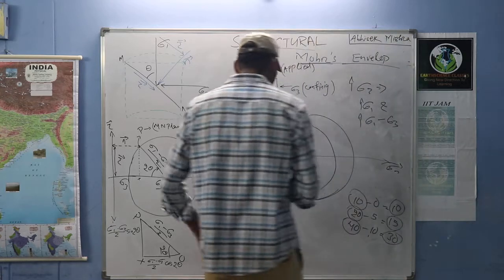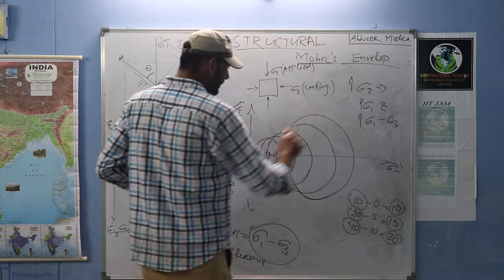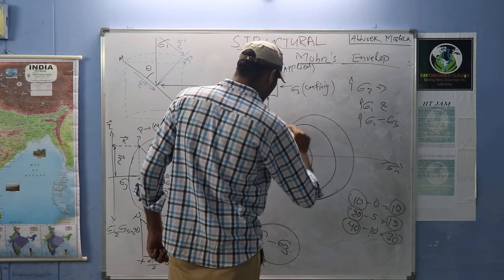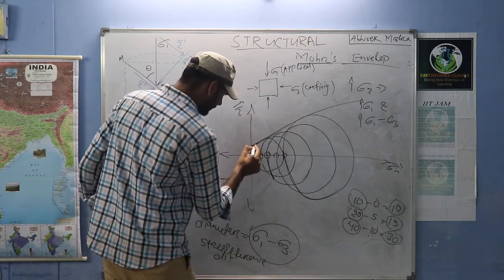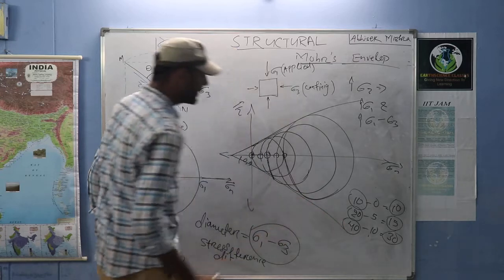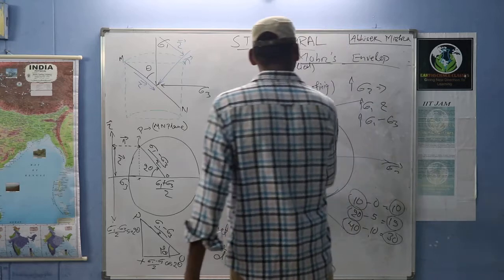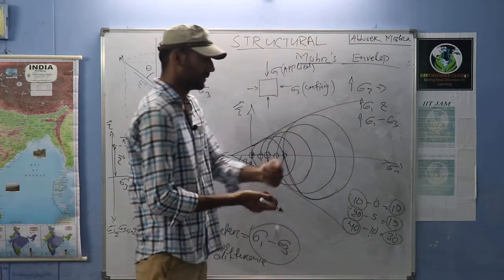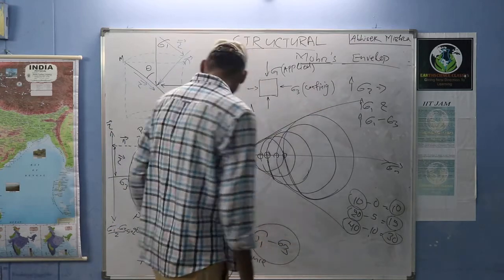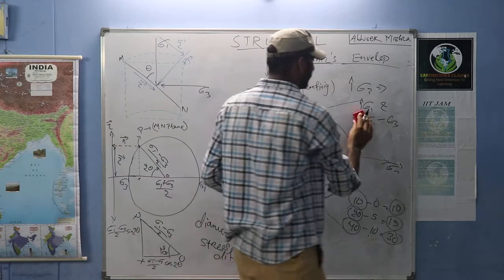Now if I plot a tangent to these circles, this tangent plane will represent Mohr's envelope.